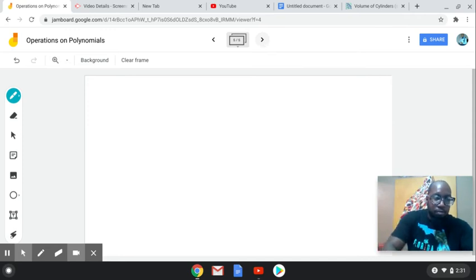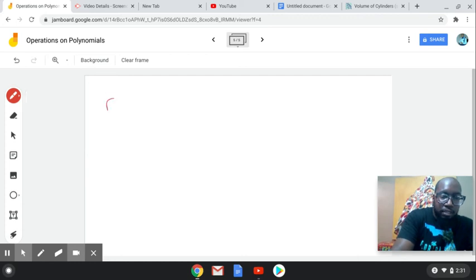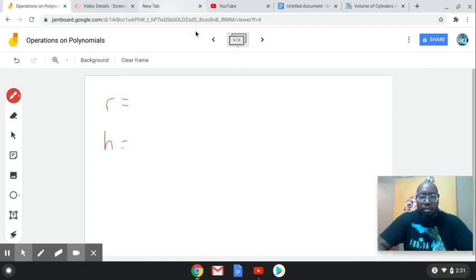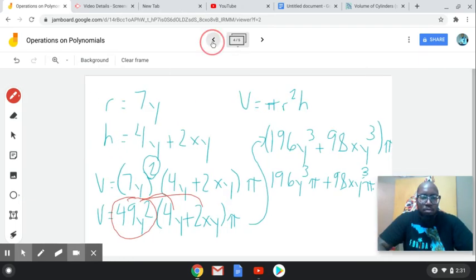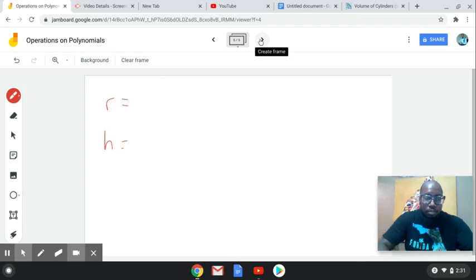So the volume of this one, I'll write this one in red. We know that we have a radius and a height. The radius of the hole was 2y and the height was 2x plus 3xy. What's the radius again?